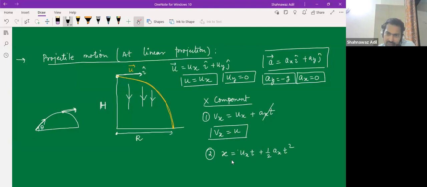Yes, sir. So ux is u, and t is t, right? And ax is 0, so the last term cancels, and r is simply ut. Clear? Yes, sir. Clear.